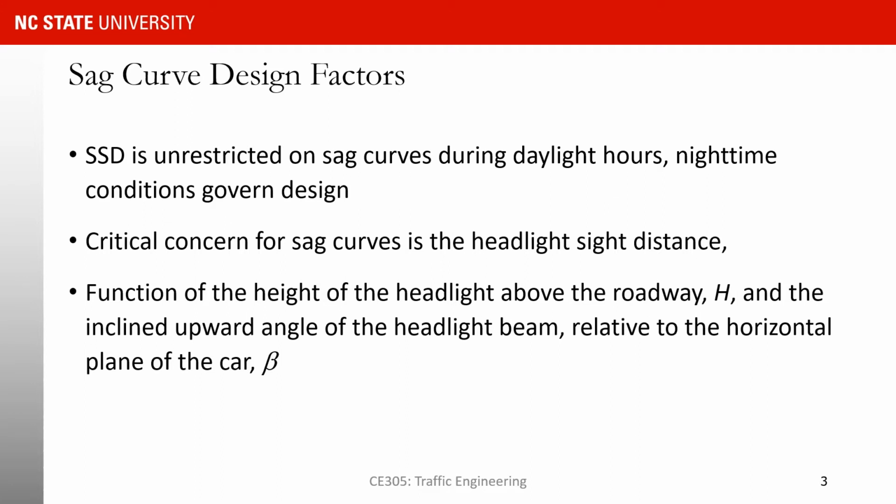And really the two important parameters there are h, the height of the headlight, and beta, or the inclined upward angle of the headlight beam relative to the horizontal plane of the car. Okay.